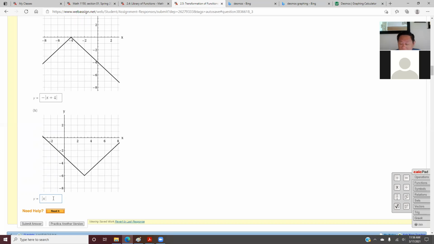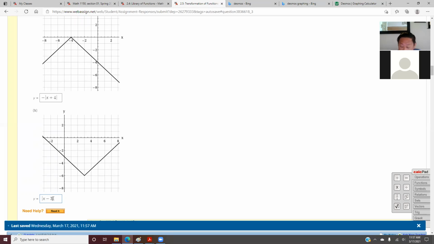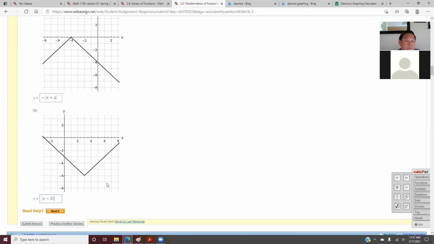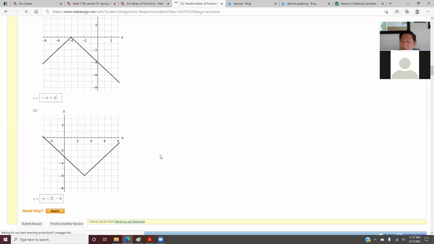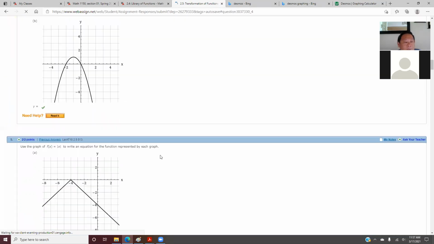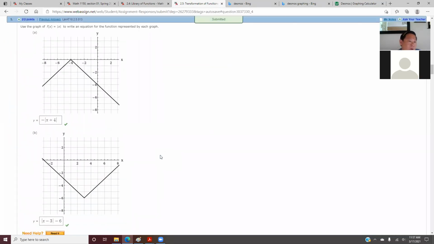Subtract 3. Very good, inside the absolute value. And then what else do you add on to move down 6? Subtract 6. Yep. Do we have any reflections on this one? Nope. So this is your answer. You okay there? Yep, I'm okay now. I understand it.